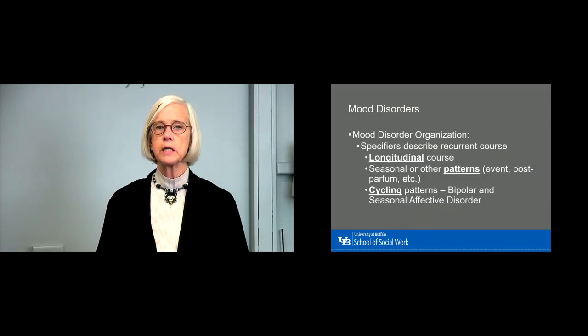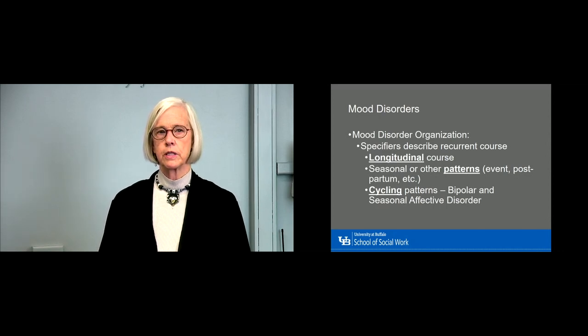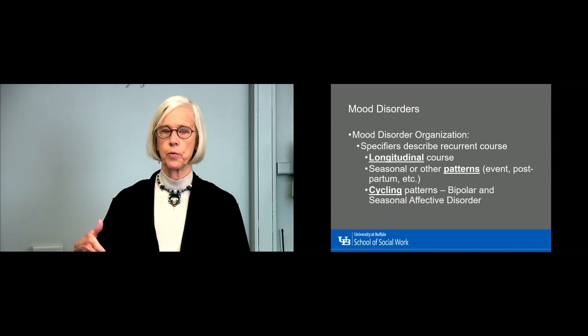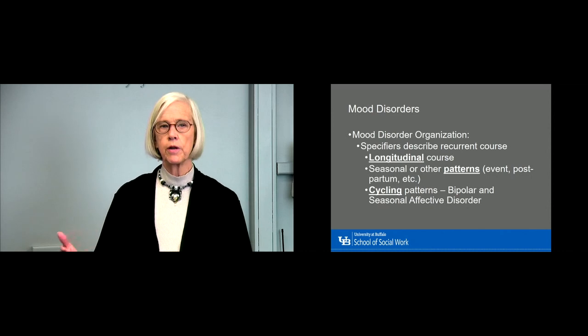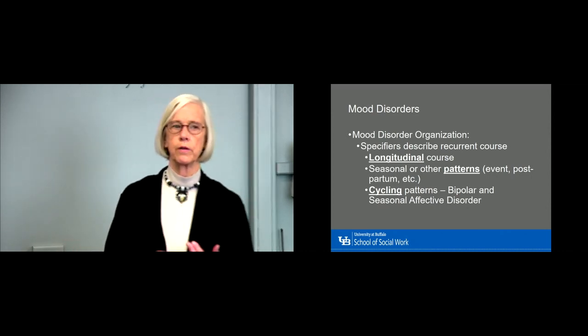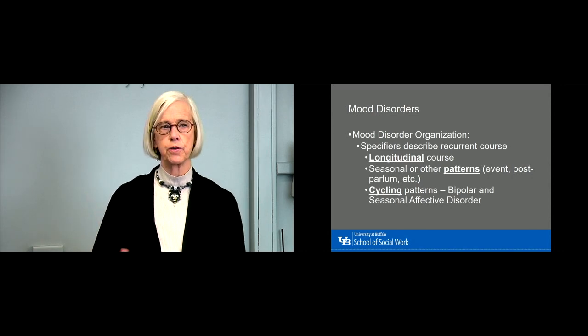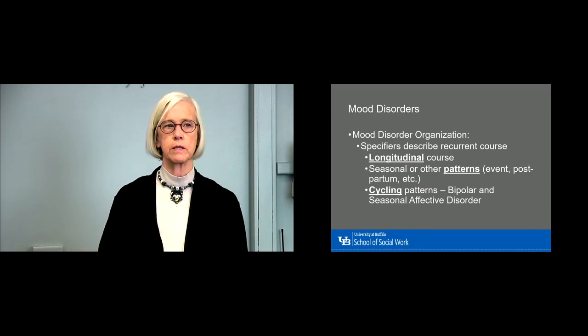It's important to consider longitudinal courses. Longitudinal courses are not only whether somebody's been depressed for 1 week if they're a kid, or 2 weeks as an adult, or whether they've been long enough depressed as a bipolar to meet criteria before the cycle switches. But it also includes longitudinal whether there's a seasonal pattern or other patterns such as anniversary-based or postpartum-based.